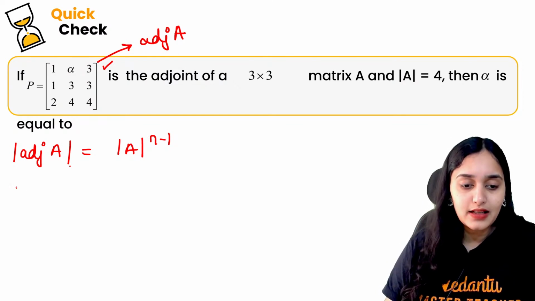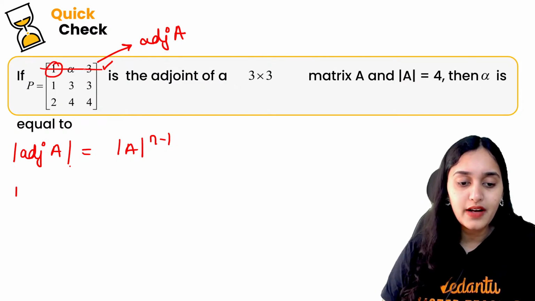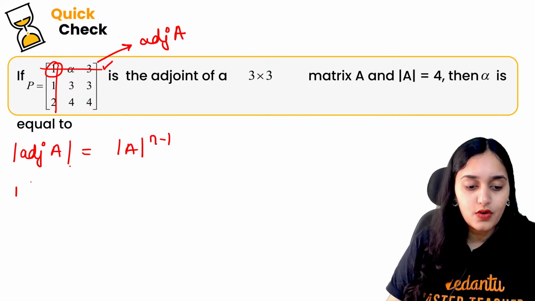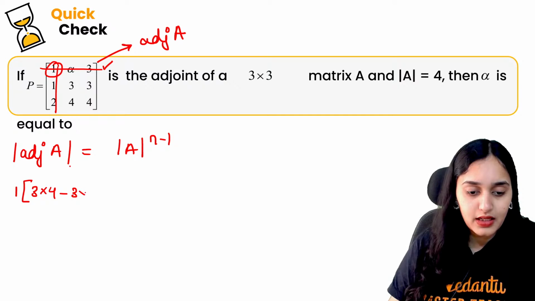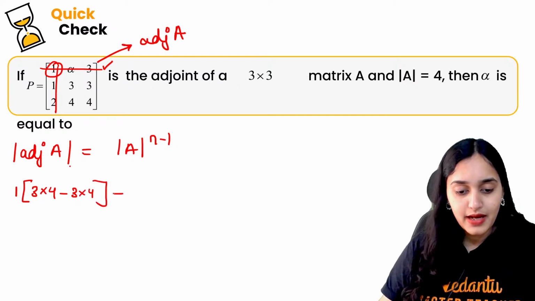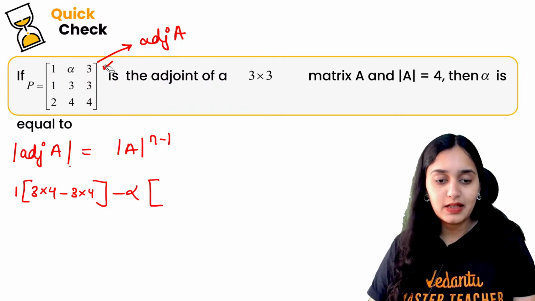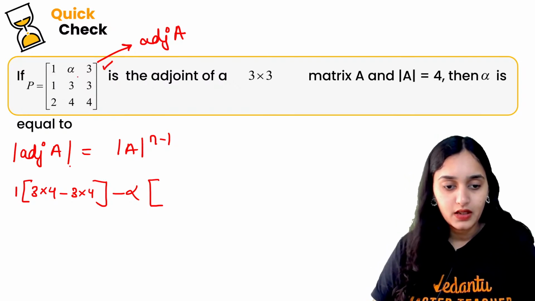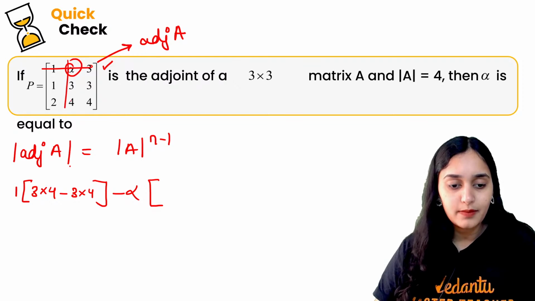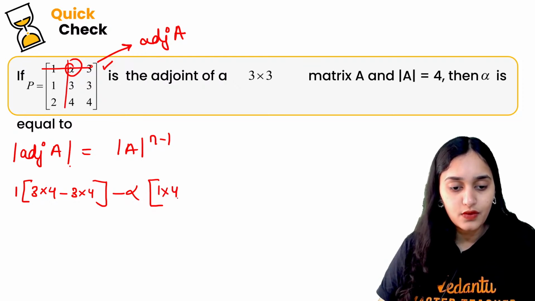So this is basically 1 multiplied with 3 into 4 minus 3 into 4, minus alpha multiplied with, alpha will be multiplied with what? Alpha. So it will be 1 into 4 minus 3 into 2.